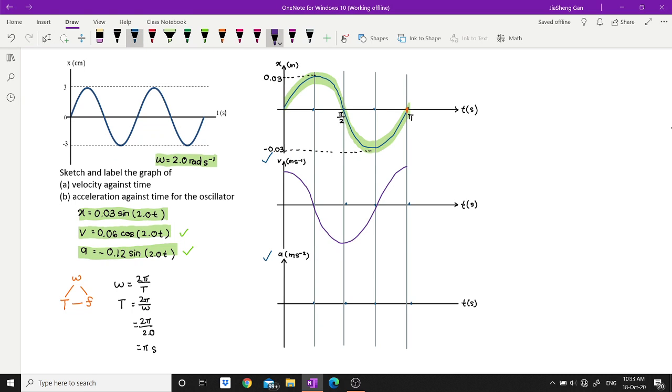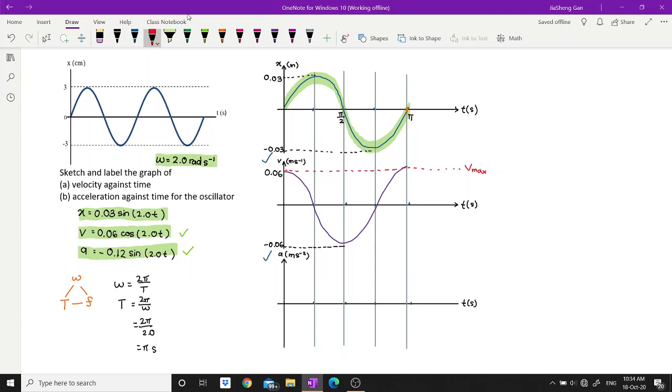Again, don't forget to label the important stuff. The first thing would be what's the value here? The value here should be 0.06. We label it for the bottom as well, negative 0.06. Okay, so this value that we've labeled here represents the maximum velocity that this SHM can achieve.